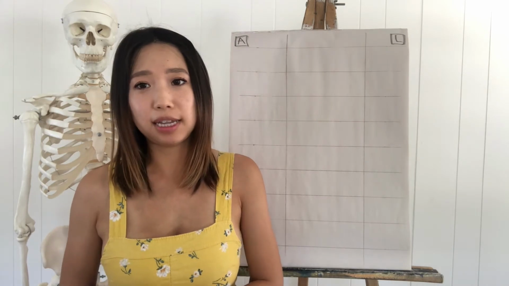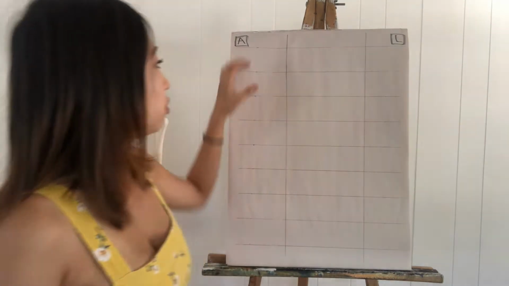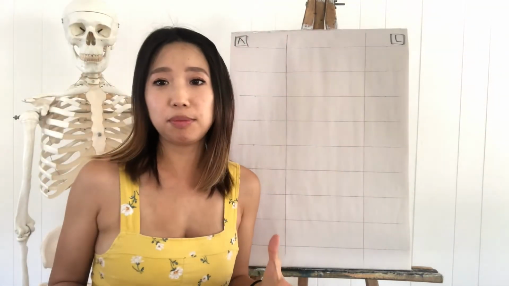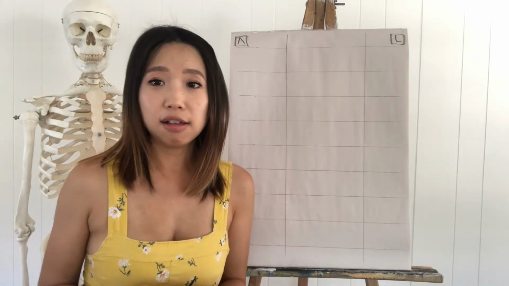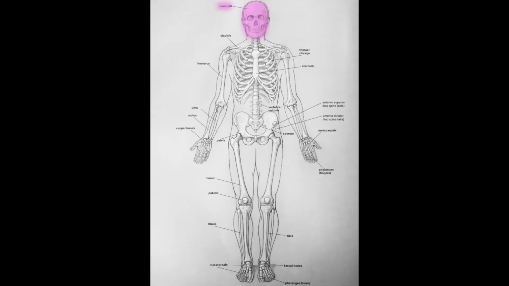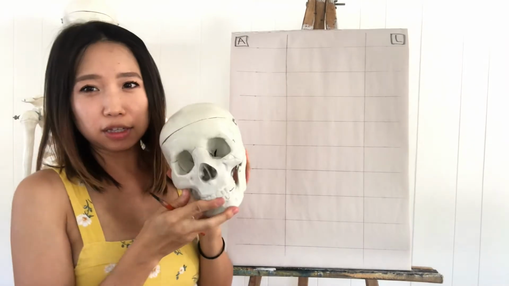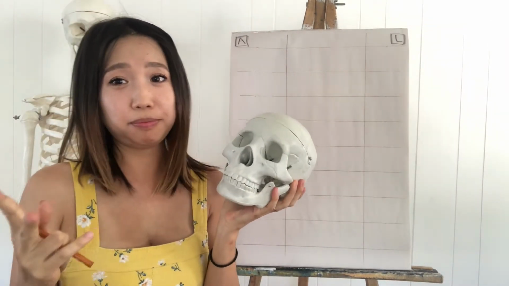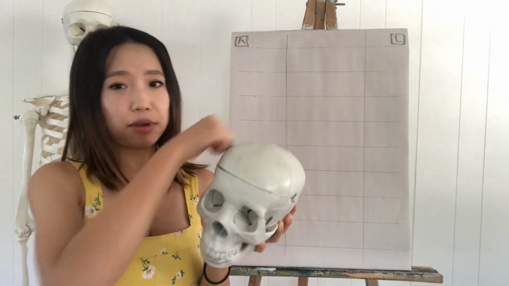Okay, so the human body, everybody's different, but we are just gonna follow this thing called the 8-head proportion. First thing I'm gonna do is, of course, the skull. When you look at the skull, there are 2 major parts. We have the cranium.